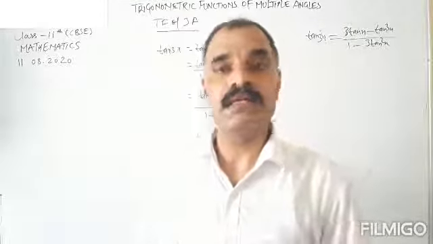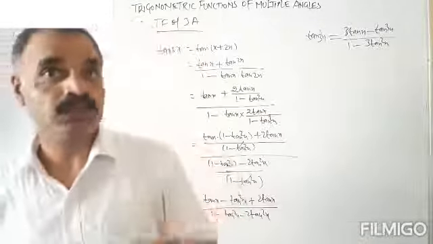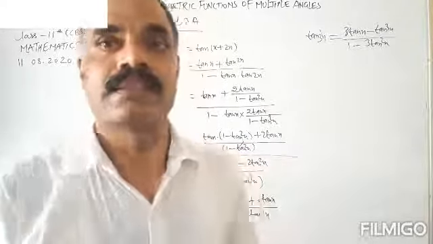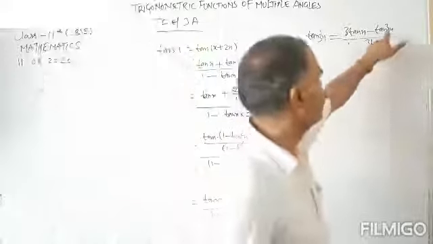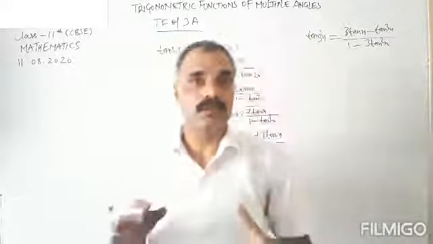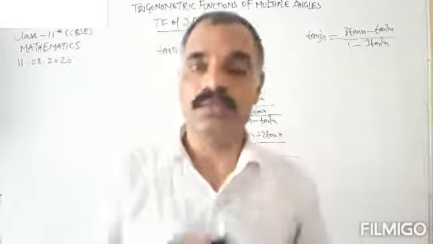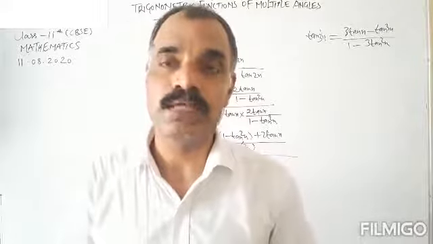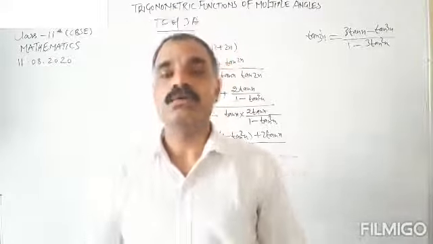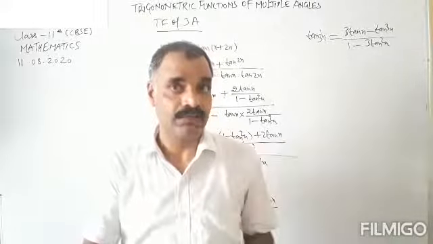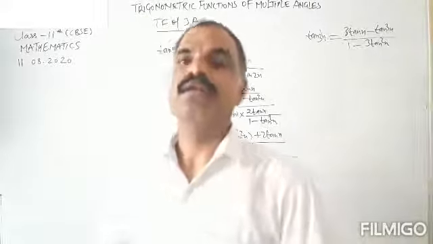This is the identity of tan 3x, or the conversion of tan 3x into tan x. Now the trigonometric functions of 3 times the angle are completed.